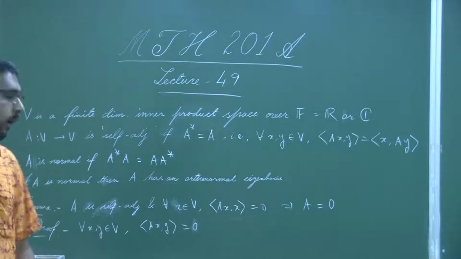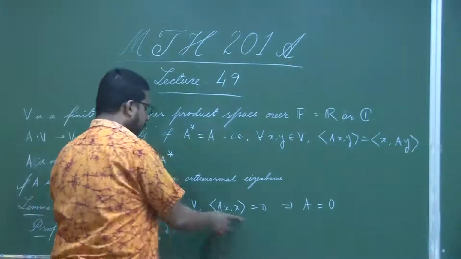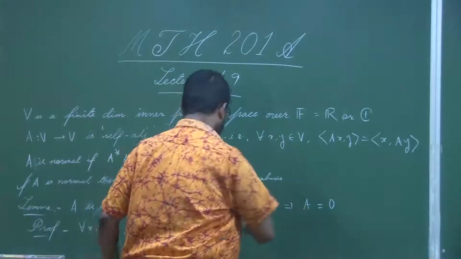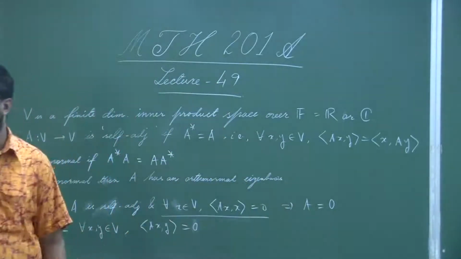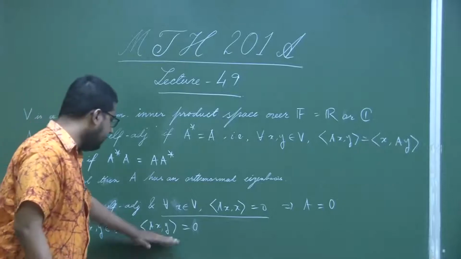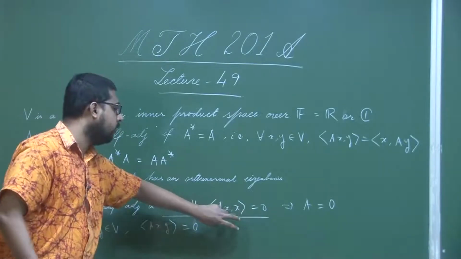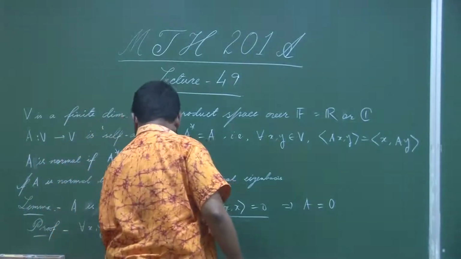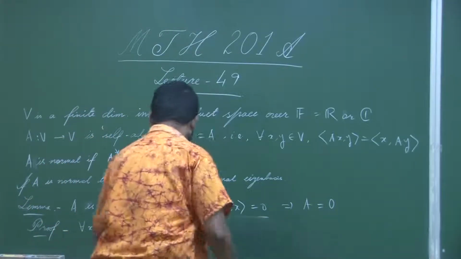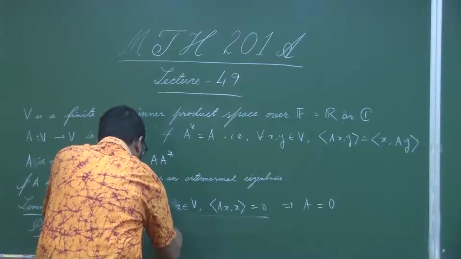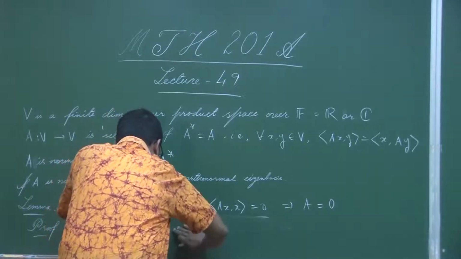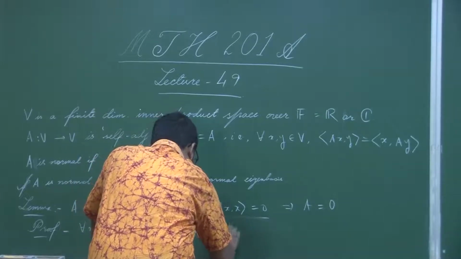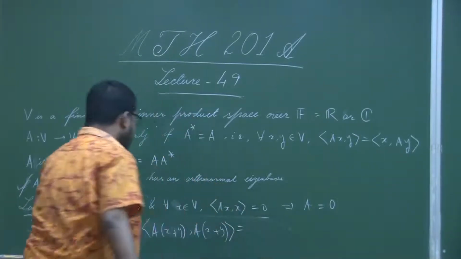But how do I get these terms from having knowledge of the values of those terms? I repeat, how do I get these terms having the knowledge of the value of those terms? So, the natural way is we have to look at the following: A of x plus y, inner product with x plus y.